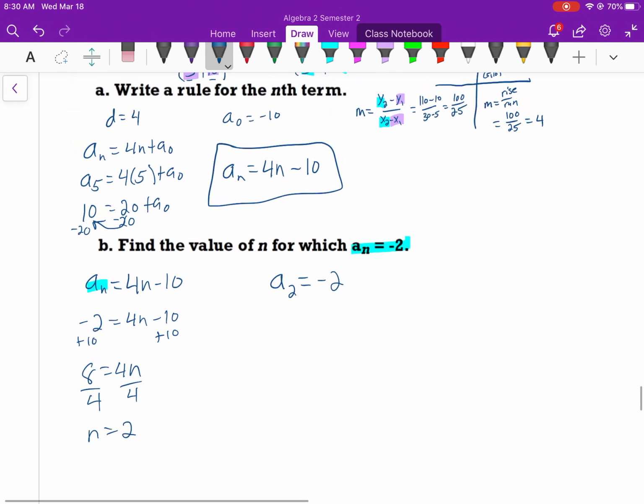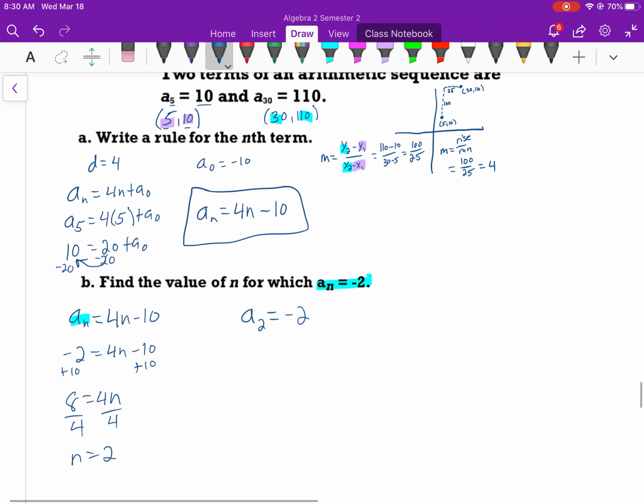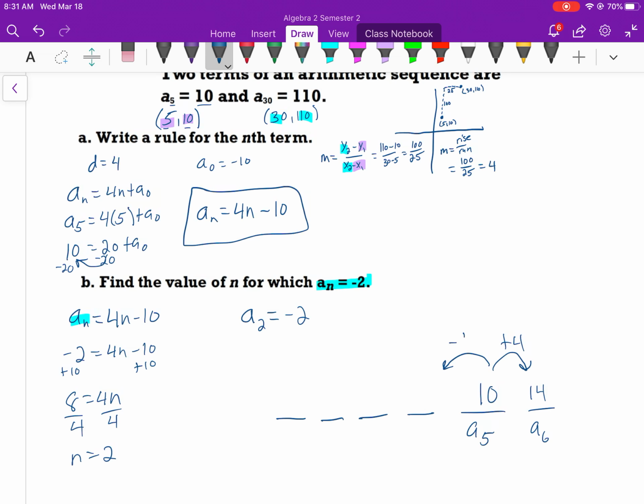Now, if you want to kind of just check your work, I know in this sequence that a sub 5 is 10. And if I know the common difference is 4, meaning I would add 4 to get to that next term for a sub 6. To work backwards, I'm going to subtract 4. 6.